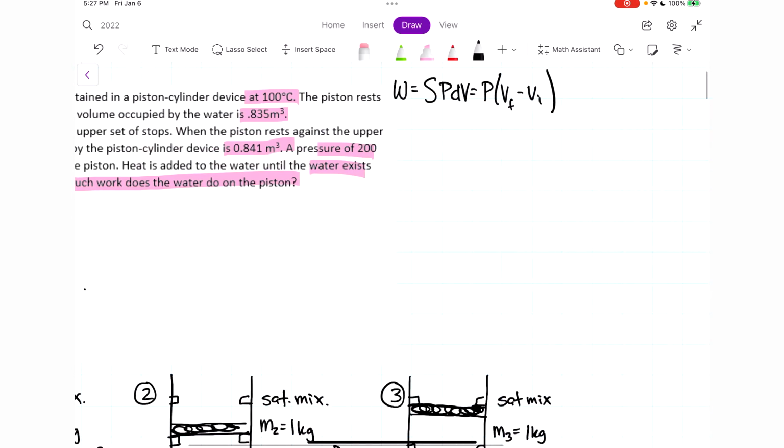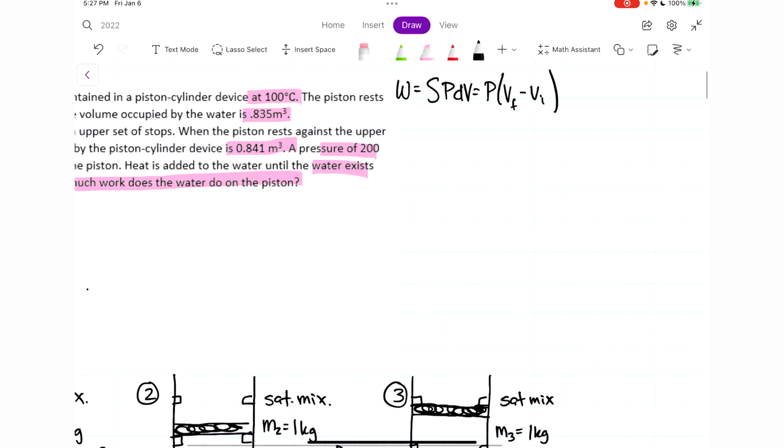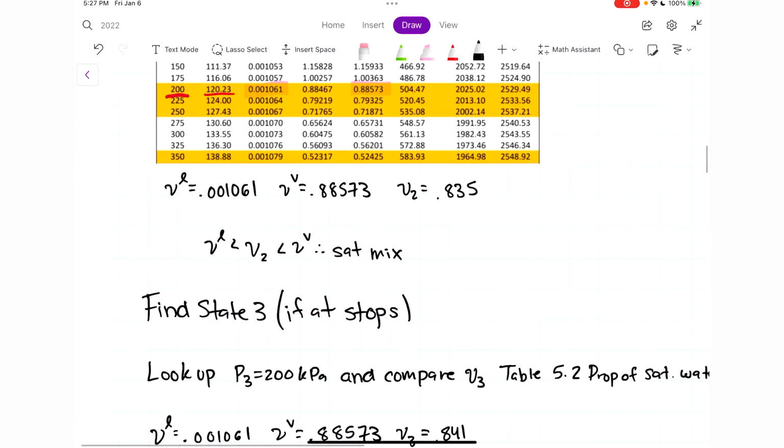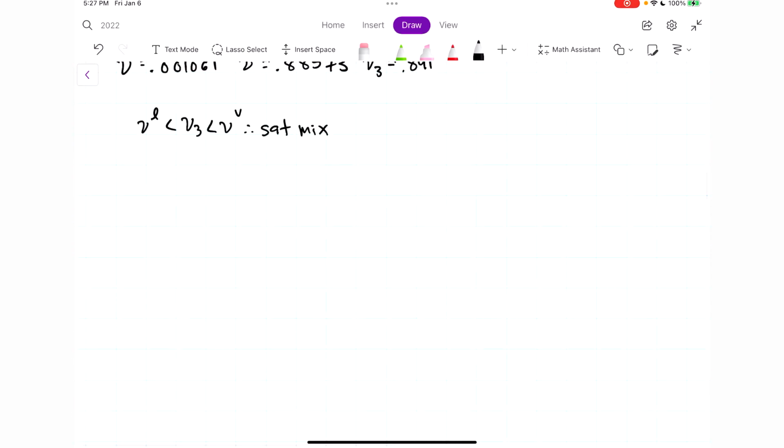So work is pressure times the final volume minus the initial volume, right? So let's go ahead and write that down. Again, work is PdV.